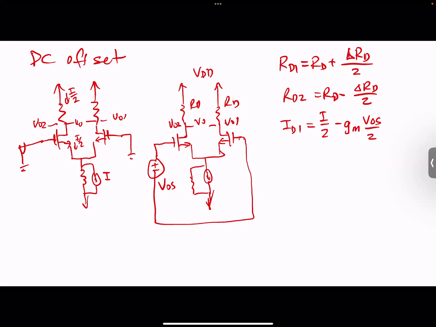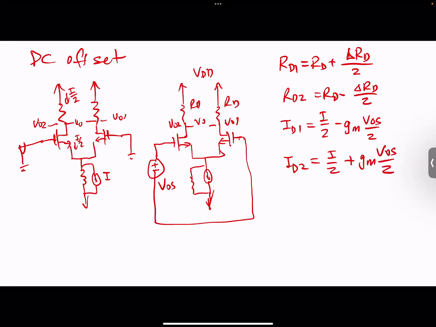But what we're doing here is adding this DC input, which is the difference between Q1 and Q2. When you add this, you get ID2 equal to 1/2 I plus GM times VOS over 2.